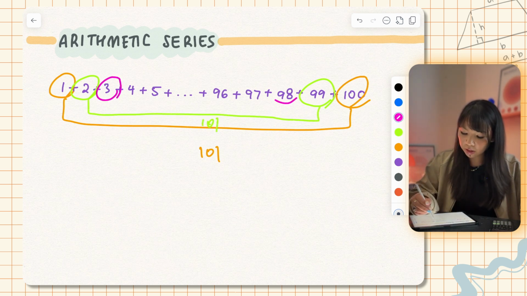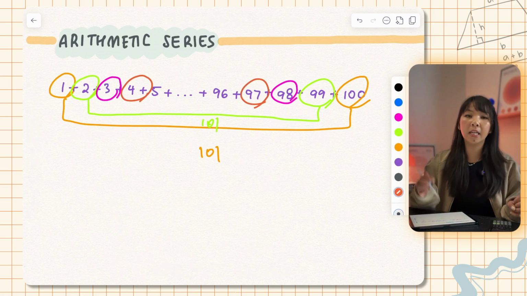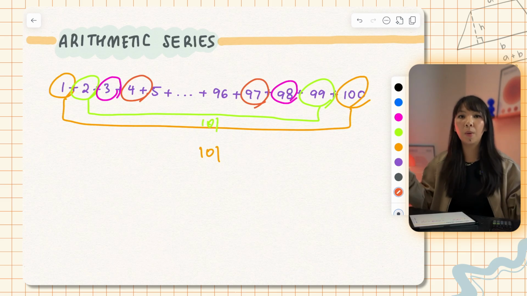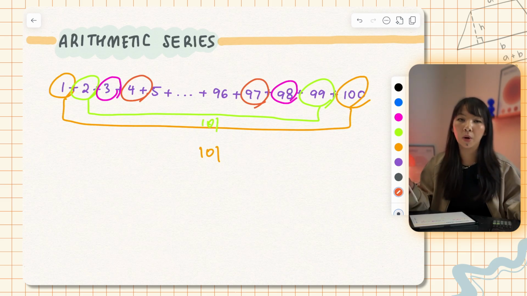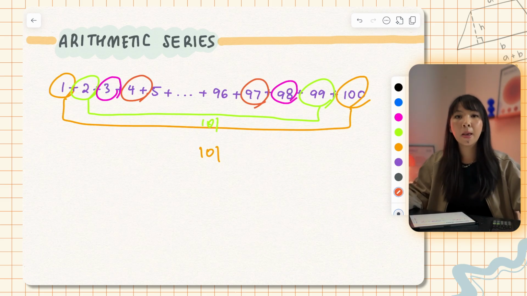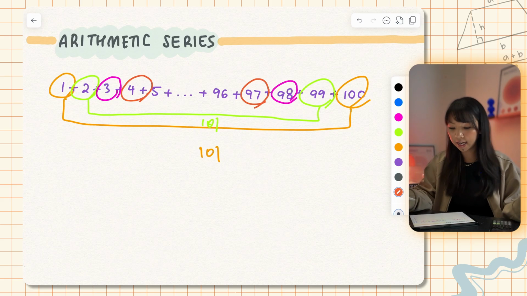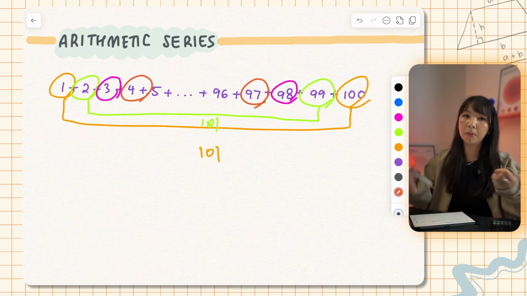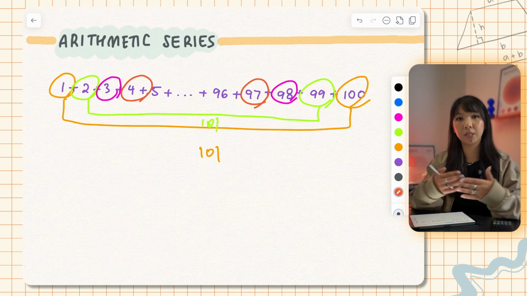And you can continue this pattern of adding one term at the beginning and one term at the end, and you're going to notice that they will always add up to the same thing. Okay, they're not always going to add up to 101. If you get a different sequence, it might add up to something else. It might add up to 50. But the pattern that is happening here is that it is the same sum when you get one from the beginning, one from the end, every single time.